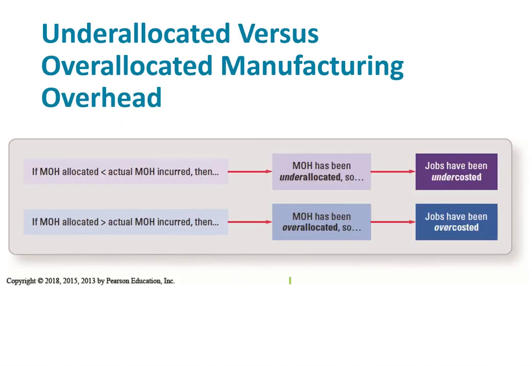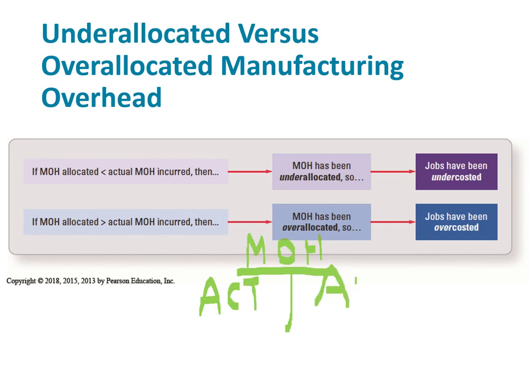So you can think of this sort of as a T account. This is manufacturing overhead. On one side is the actual, and on the other side is the allocated.